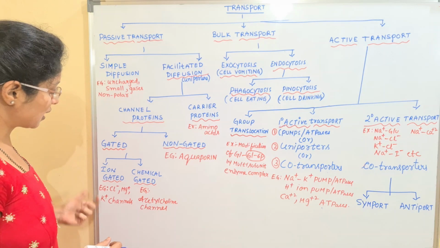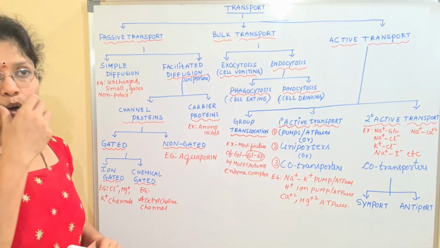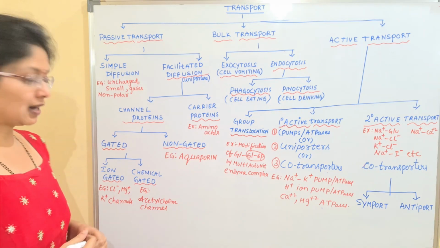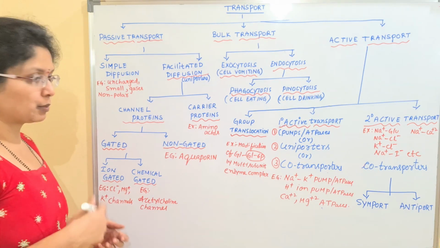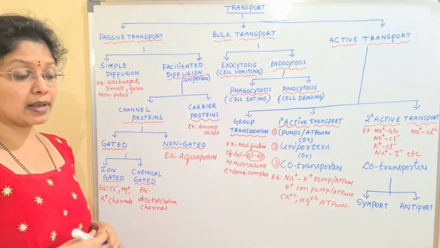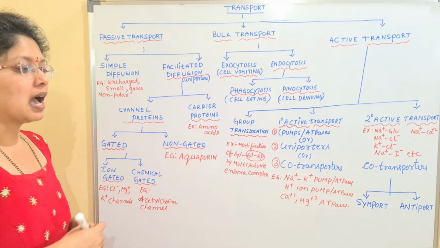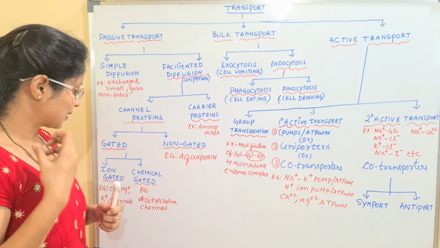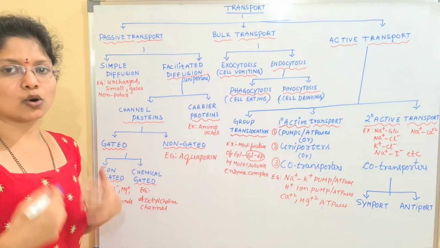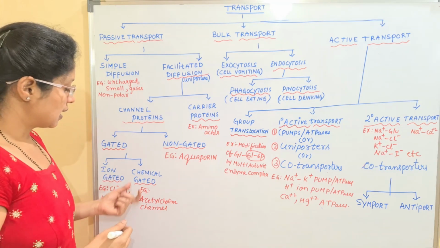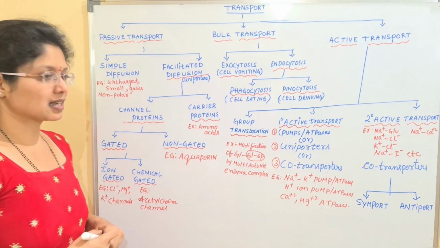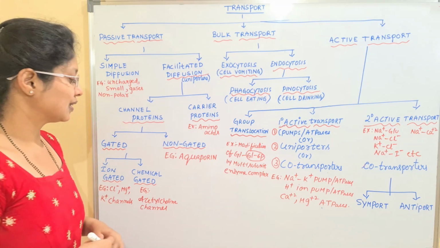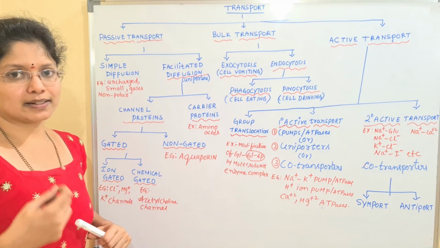Ion gated channels are activated by ions like magnesium, calcium, potassium, chloride. All these ions will activate these ion channels, and based upon their regulation and their charge on the membrane, these channels are opened and closed. Coming to chemical gated channels, chemicals like neurotransmitters and hormones play the essential role in controlling them.